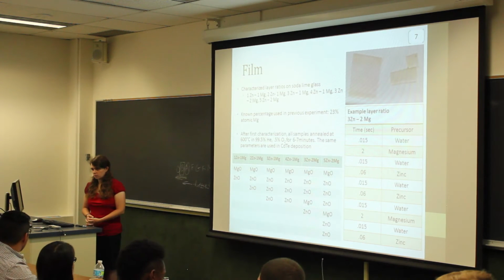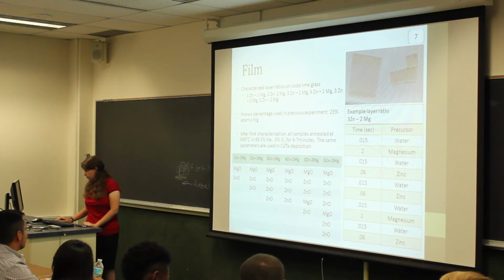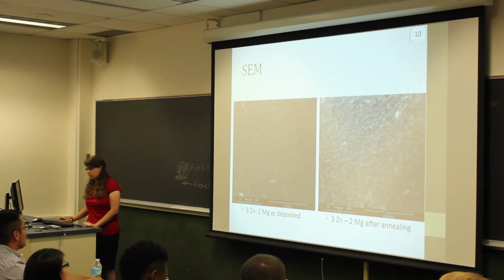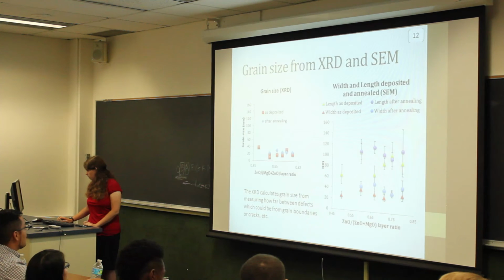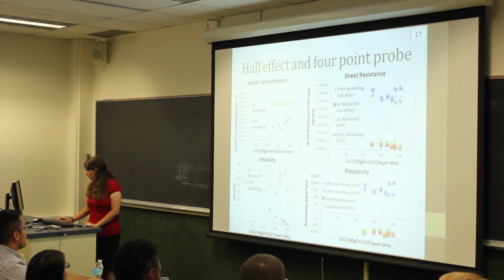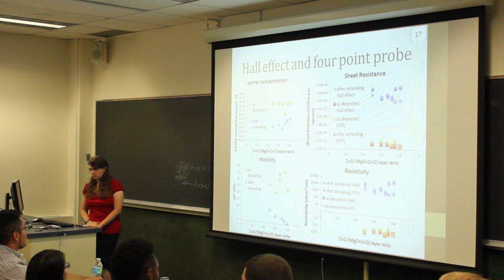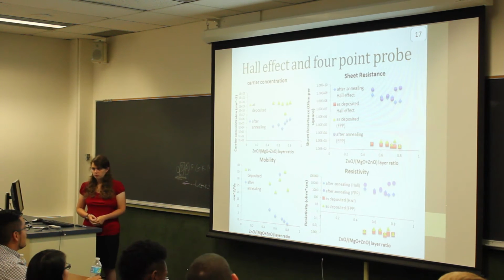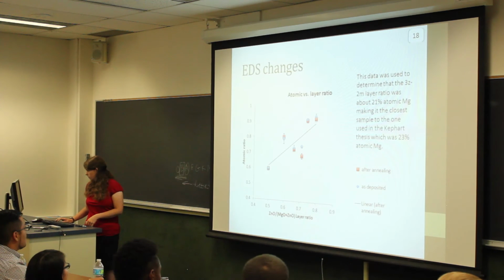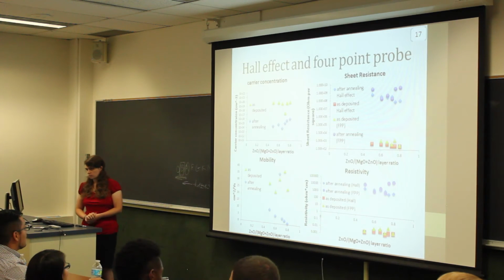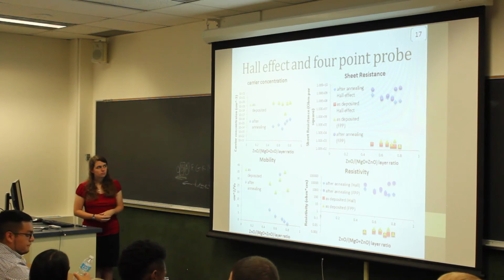I had a question. You had a slide showing before and after milling, and I didn't have time to study it. It was a chart, a table showing the resistance and sheet resistance and things like that before and after. Oh, maybe that was it. So after annealing, the carrier concentration goes down.